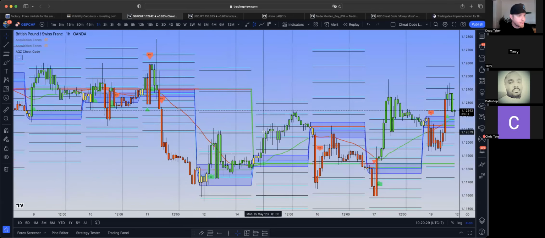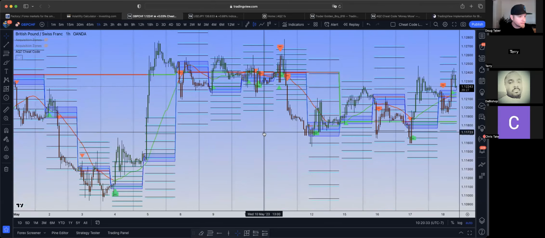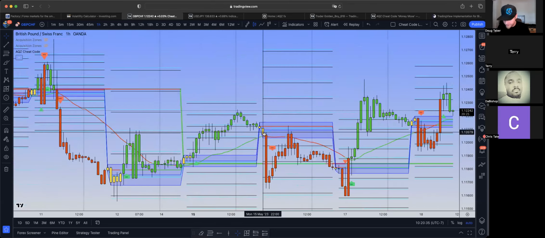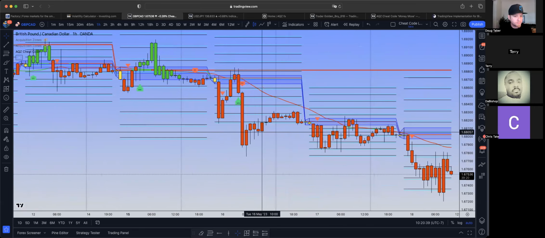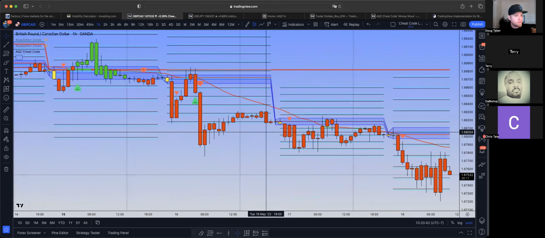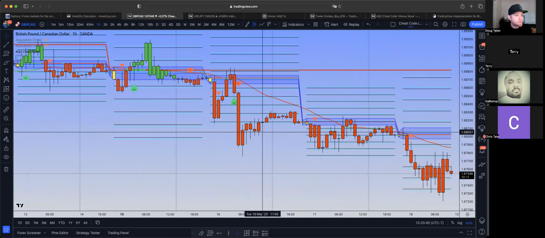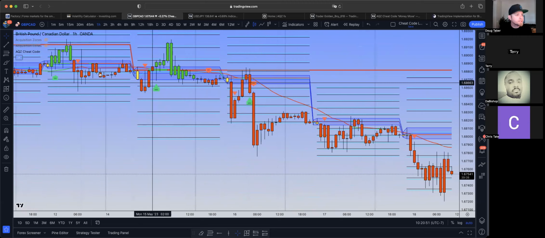Let's see if we can find one to the downside here. GBP CHF is a choppy pair, so we'll go to a different pair. I like this one.